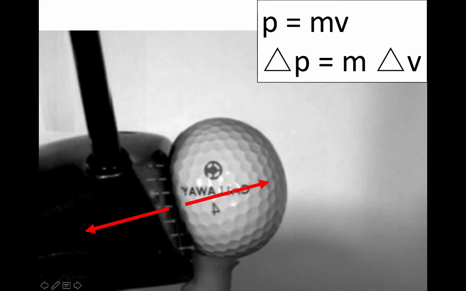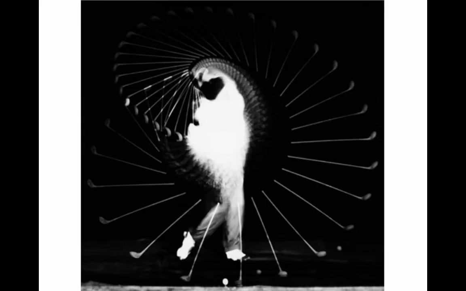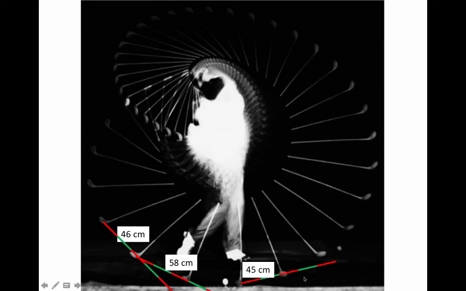Because the golf ball has a tiny mass compared to the club, in order for them to have equal and opposite impulses, changes in momentum, the golf ball gets a huge change in velocity compared to the change in velocity of the golf club. So to be more exact, what is the change in speed of the golf club? Well, we see that the golf club's accelerating when it hits a ball because here the distance is about 46 centimeters, and here it's about 58 centimeters, and here it's only 45 centimeters.